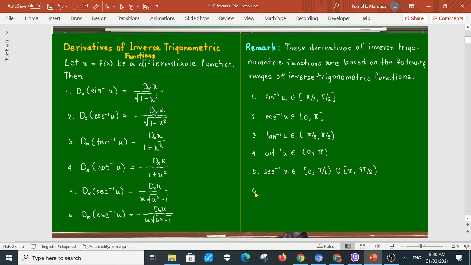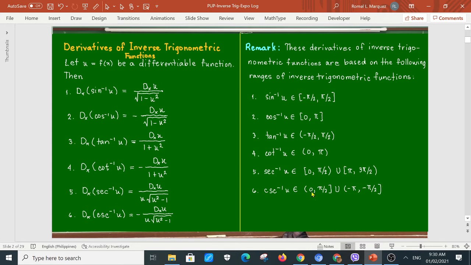And then finally, inverse cosecant has the range greater than 0 to pi over 2, union with negative pi to negative pi over 2.